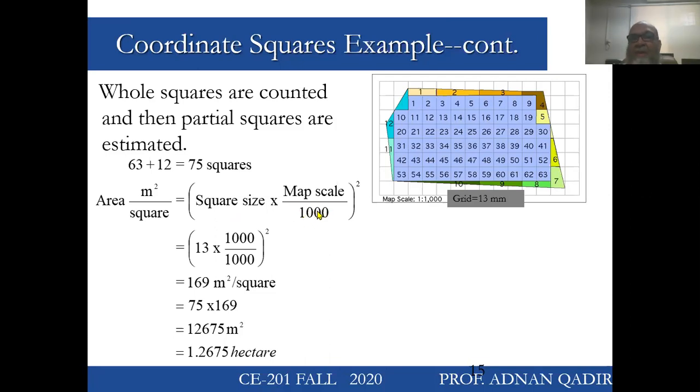So what I have done here, obviously this 1000 is for meters. What would have happened if I had taken this as 1 foot? This can be millimeter or it can be inches. I'm sorry, it cannot be feet. If it would have been, maybe say, 13 inches, then this will not be 1000 here.